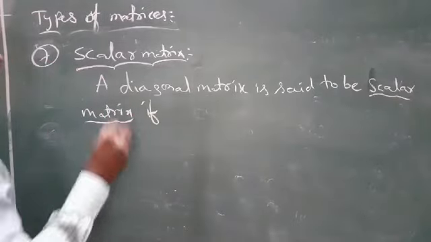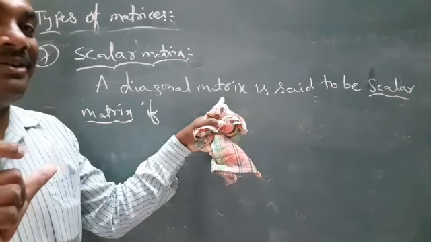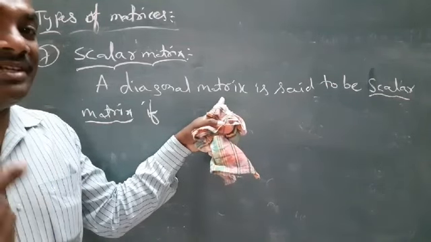if, as already said, a diagonal matrix means the principal diagonal elements are not equal to zero and the remaining elements are zeros.